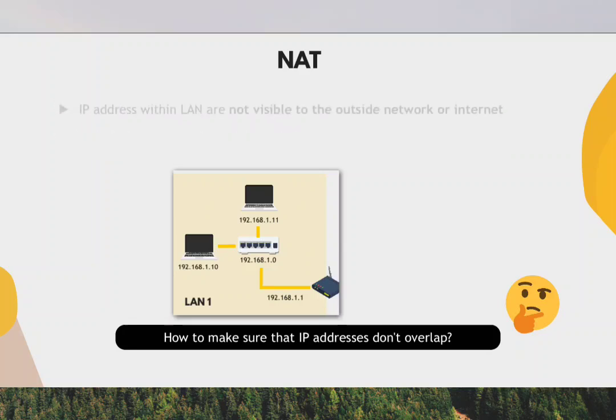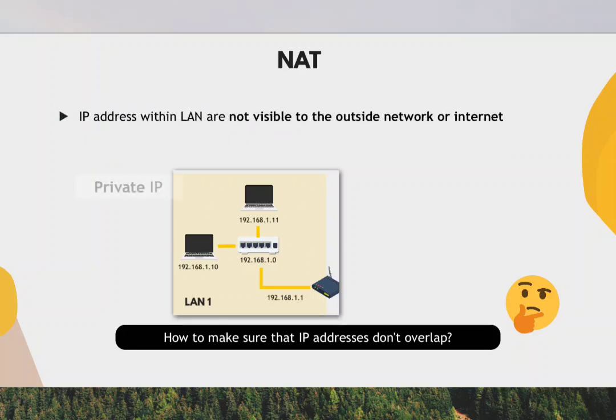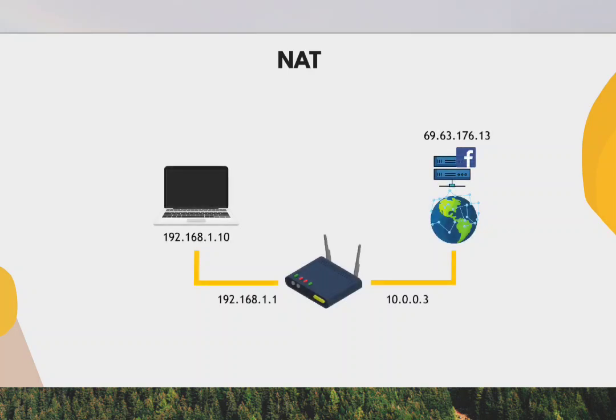Well, the way it works is that the IP addresses of devices that belong to a LAN are not visible to the outside network or internet. So when you send a request to Facebook, your laptop's IP address from the LAN range does not arrive at the Facebook server. Instead, it's replaced by the IP address of the router.